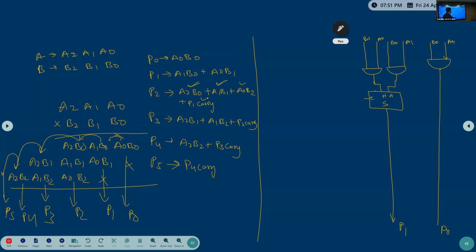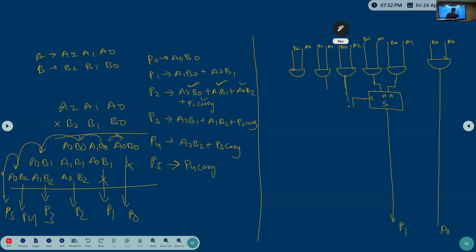First A2 B0, A1 B1, then A0 B2. I think the circle will not be sufficient here. Then these two bits with the carry I can do.